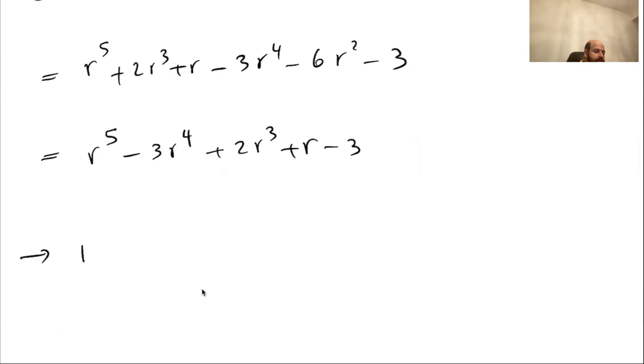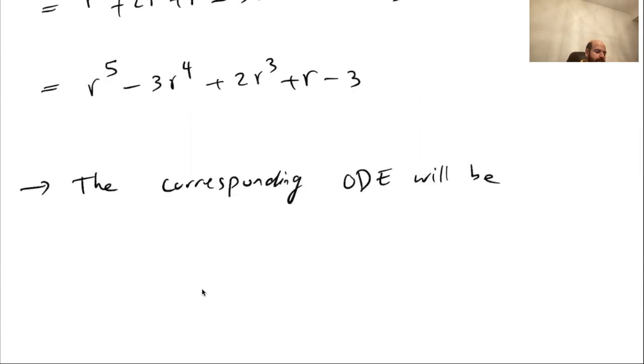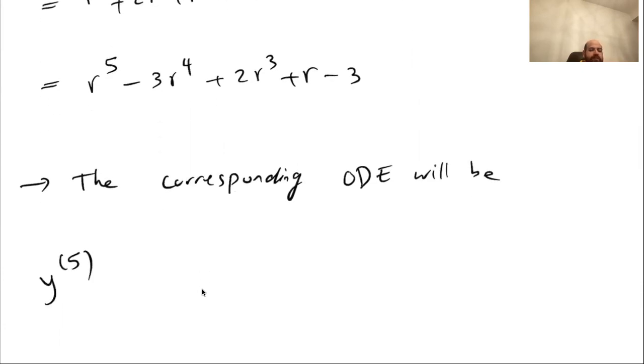So the corresponding ODE will be: I have to use the same coefficients. The only difference is that instead of powers of r, I will use the derivatives of y.